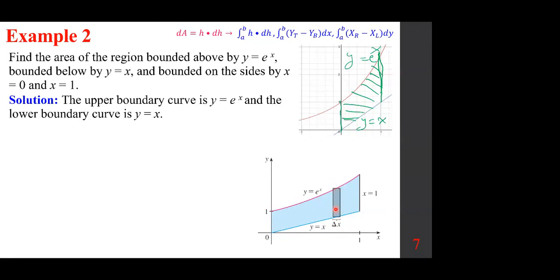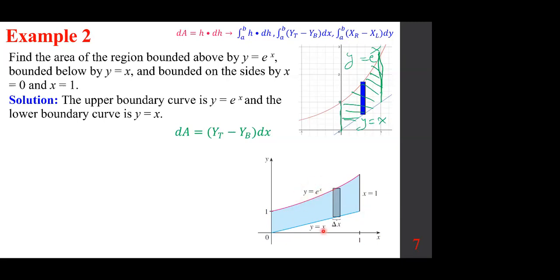Class, the height is y of the top minus y of the bottom. So this is the vertical strip that I'm talking about, or this one. y of the top minus y of the bottom. What is y of the top? The exponential function e to the power of x.